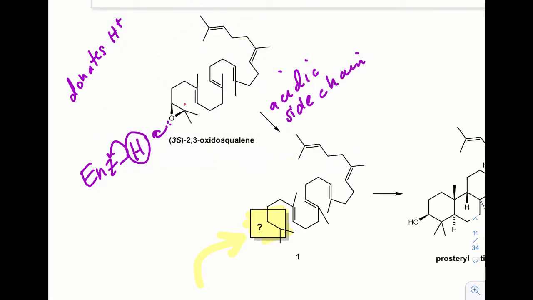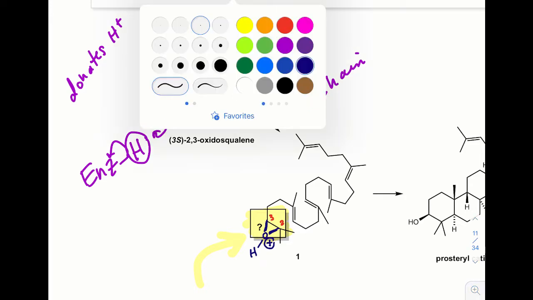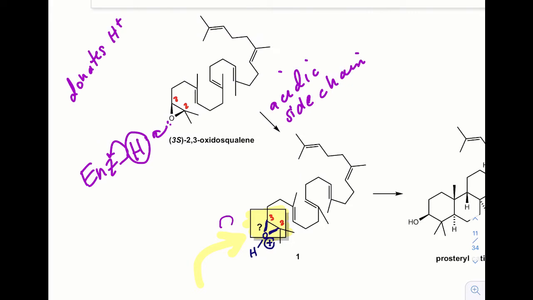There are a few ways that you may have approached this problem. Let's draw in the epoxide here and protonate it. All right, so here we have a protonated epoxide. We can do a little bit of analysis of that epoxide. So there's a secondary carbon, carbon 3. Secondary means, of course, that carbon bearing the epoxide functional group.